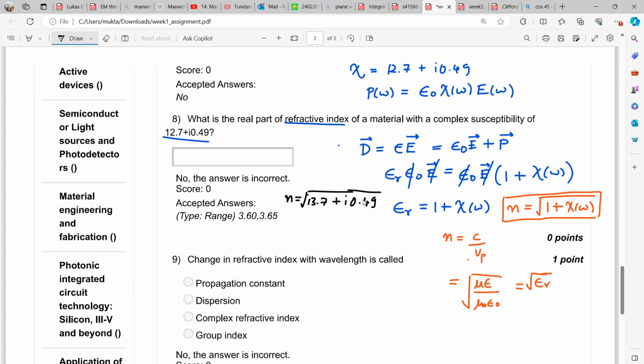For that we use an identity that is common in complex numbers. I'll write it down.